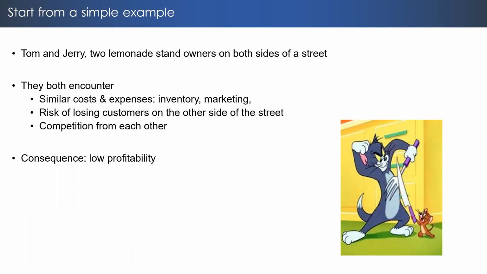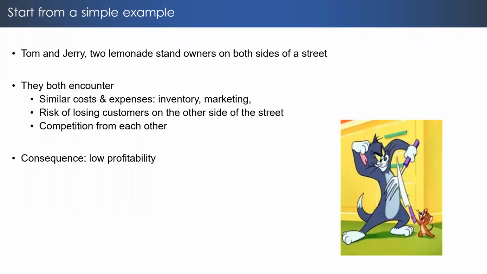This type of thing can keep going, and in the end, they might find both of them selling lemonade at $2 each, barely breaking even on their cost of goods sold. This is what comes from the competition from each other. So the consequence is quite natural: they each will earn a very low profit on their lemonade, and it's bad for both of them.